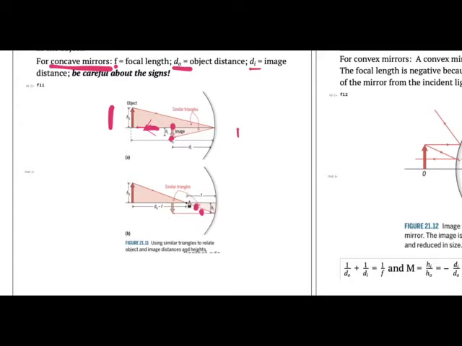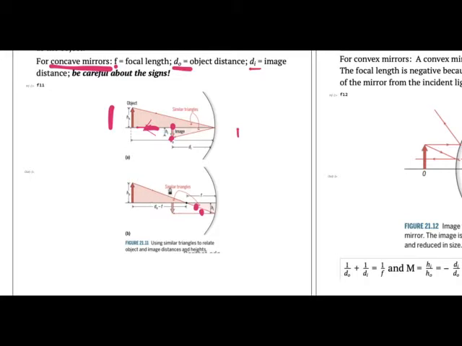So this distance is the focal length, 1/2 the radius of the sphere. This distance is DO, so the distance from here to here is DO minus the focal length. And of course the distance from here to here is DI.